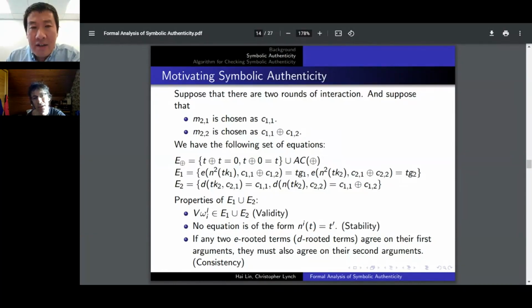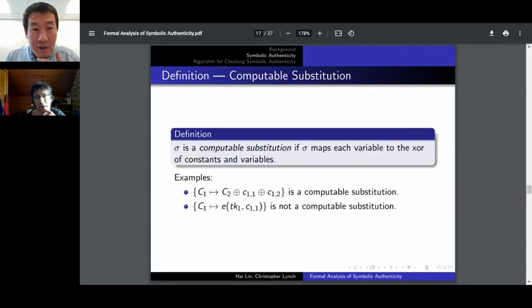But here, you assume the adversary has interaction with this oracle, and after all of the interactions the adversary has everything and tries to forge a new message. So here, computable substitution just means each variable is mapped to the XOR of something that the adversary already received. Okay, I see.